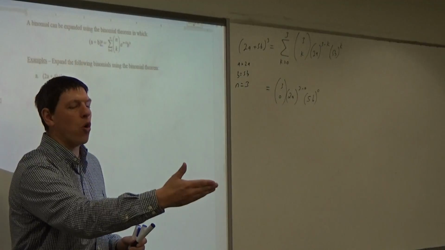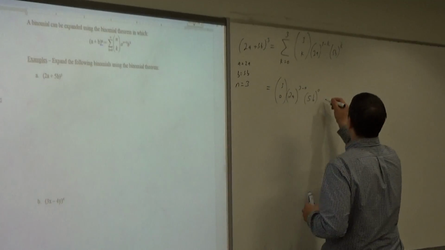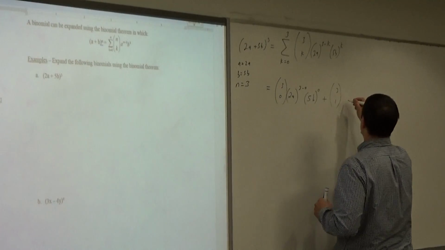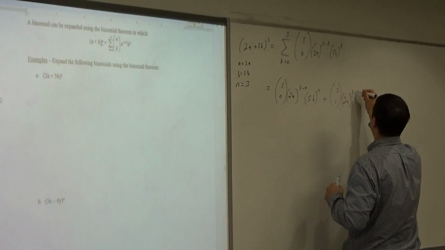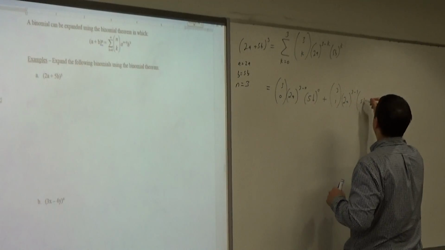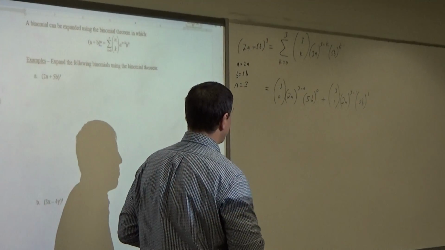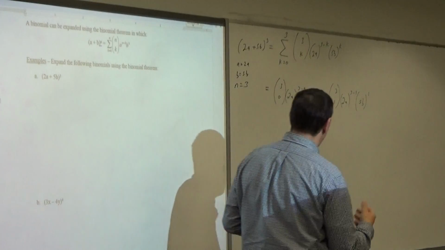To get the next term, I increased the index by 1. So now this is going to be 3 combination 1, 2a to the 3 minus 1, and then 5b to the first. For the next term, I'm going to increase k by 1 again.